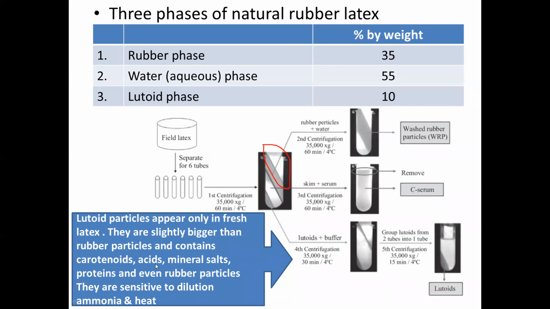We usually have carotenoids, acids, mineral acids, salts, proteins, and if you don't do a sensitive centrifugation, some of the rubber particles also come down, but mainly you can get the rubber part on the top. So you have to do the centrifugation at lower temperature and high rotation speed. Here it is 35,000 RPM.